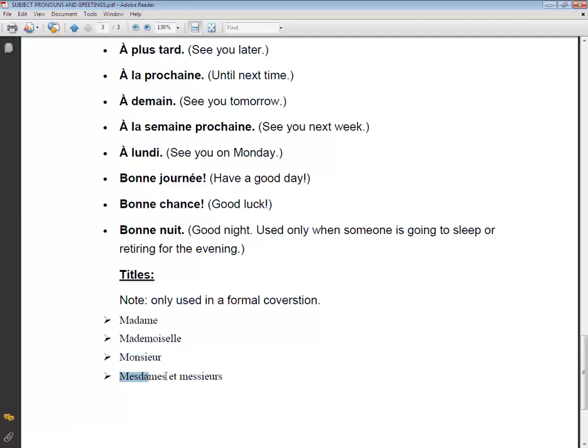Then this one is said as madame. S is silent. There's no vowel after letter S. So we say madame. Ladies, et monsieur. Can you say that? Madame et monsieur.